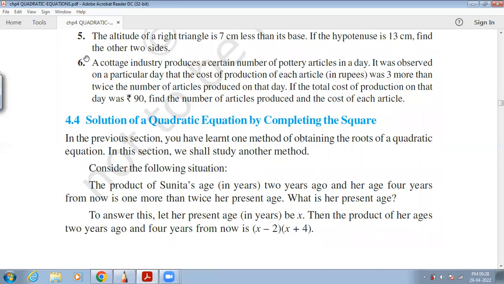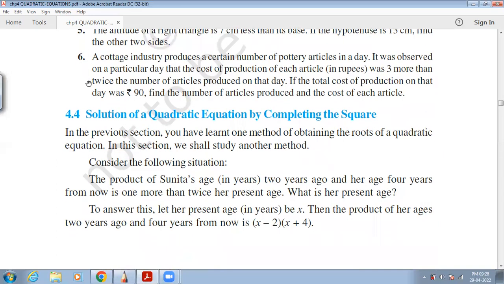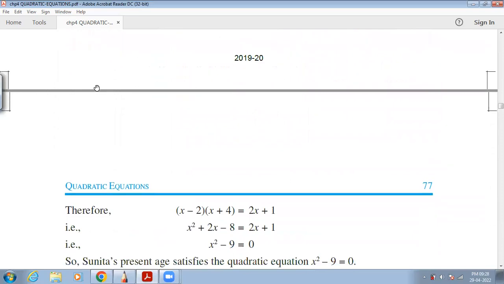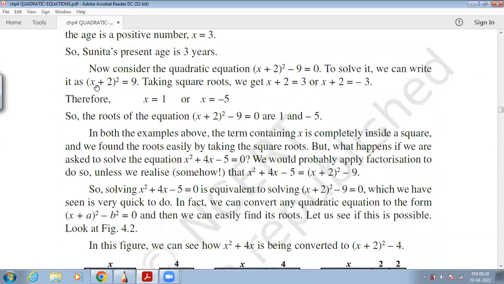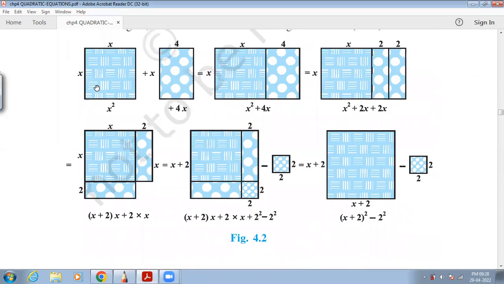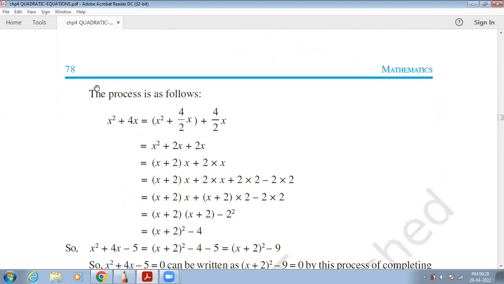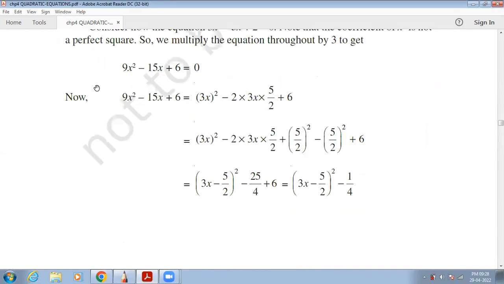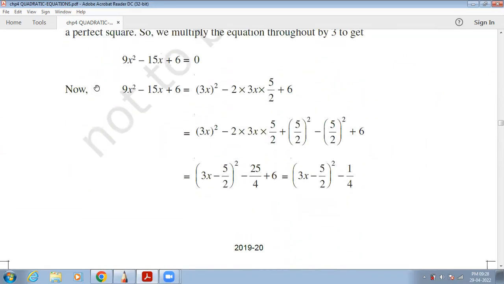After question number 6, we have solution of a quadratic equation by completing the square. So completing the square is somewhat like this. Let me just show it to you. Let me take an example here.